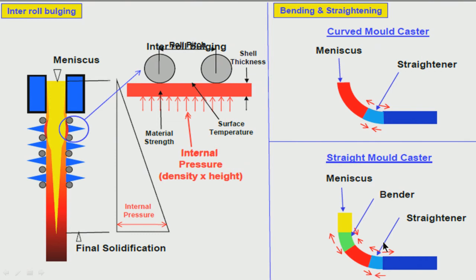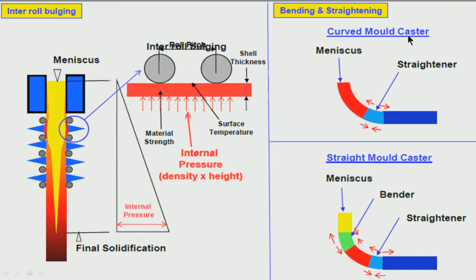So what I am trying to tell you is that during bending and straightening, the solid shell, if it is at the inner radius, it is undergoing certain strain. If it is the outer radius, it is undergoing some strain of other direction. That means of different direction. So both during bending and straightening, there is strain on the solid shell.